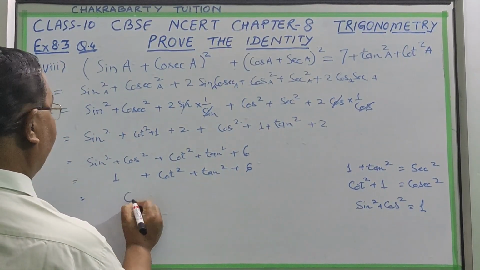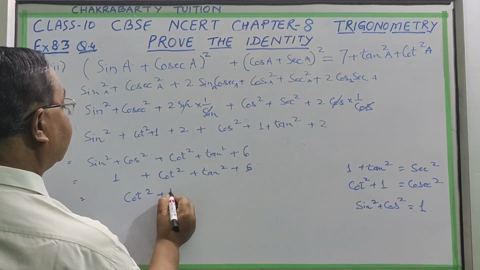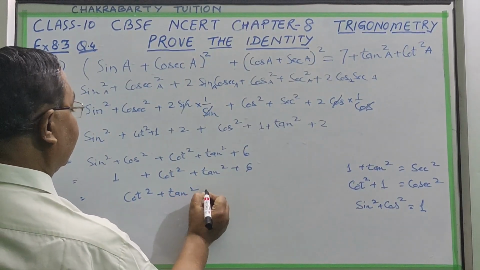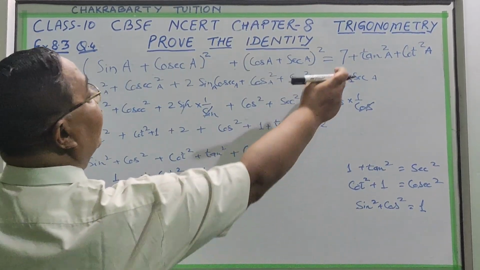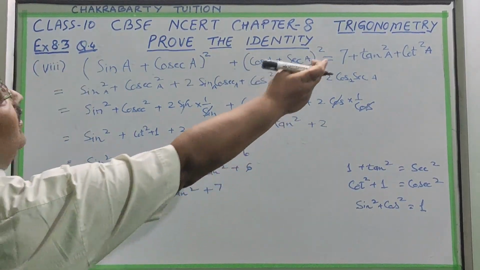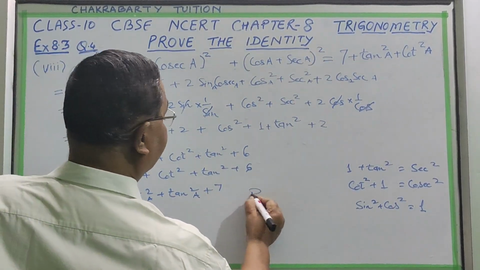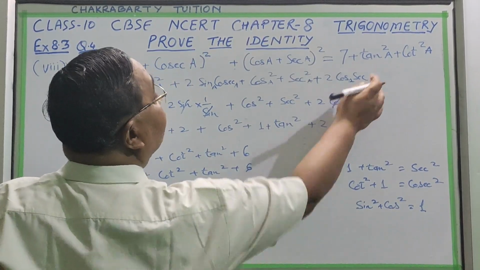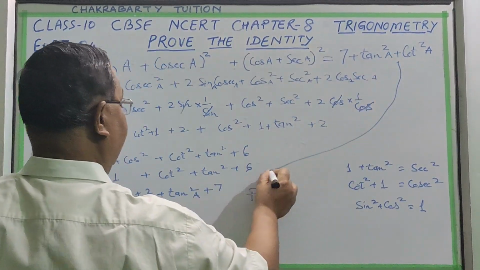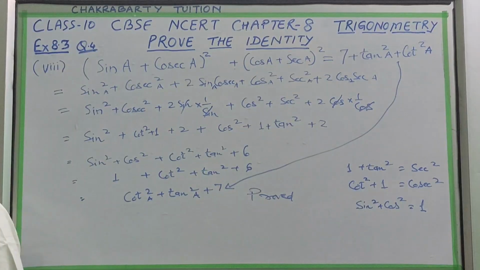So cot square plus tan square plus 7. Now tan square has come, cot square has come, so it is proved, because it has reached up to here. Okay. So 8th is over.